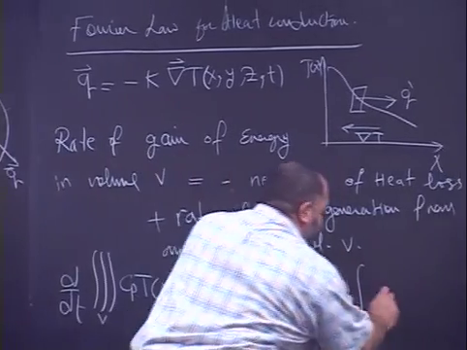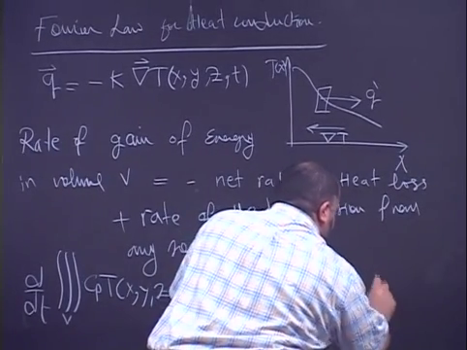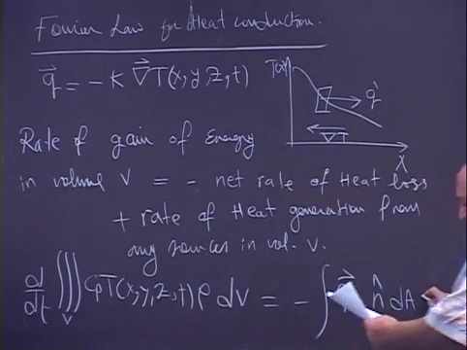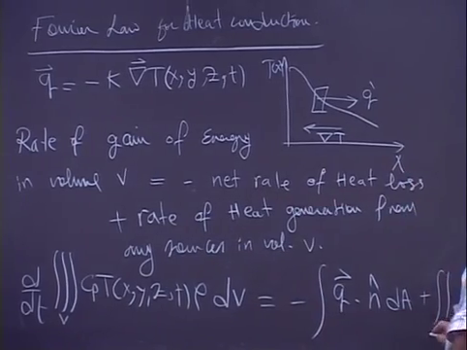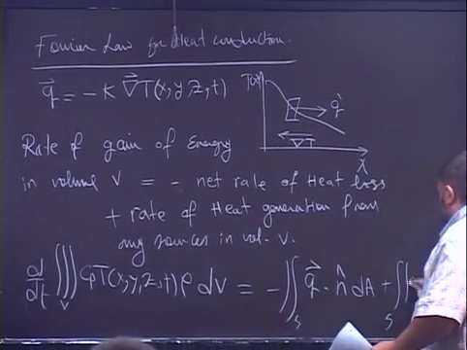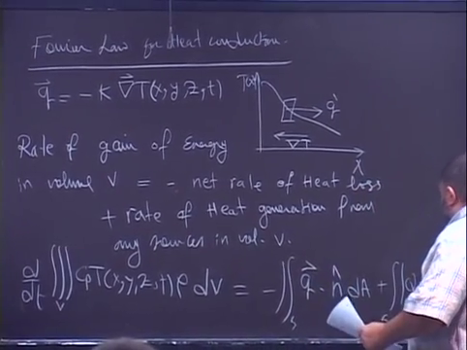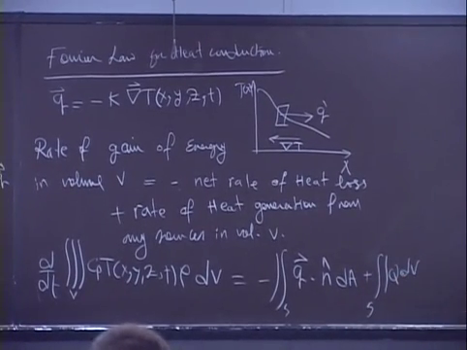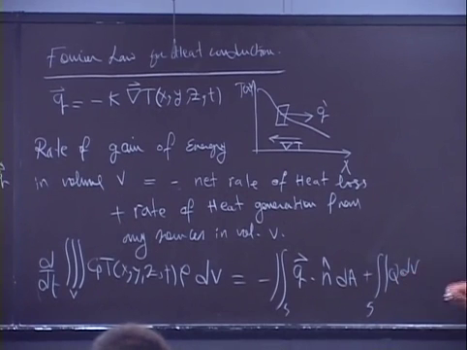So this is q dot n dA. And the sources is over volume, q dV. So any volumetric source, so heat per unit volume, for example, per second. You have a heater that gives you heating per unit volume per unit time.